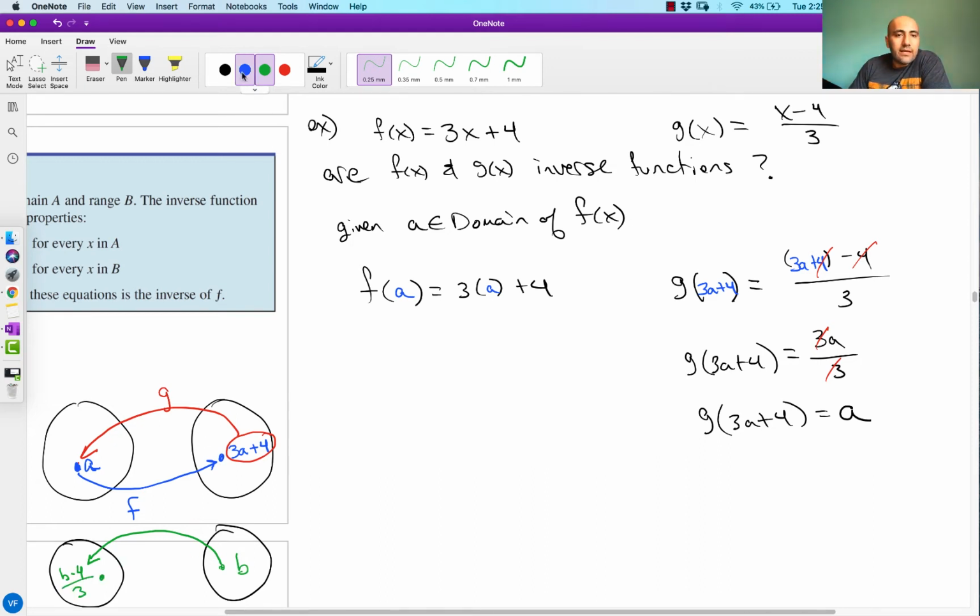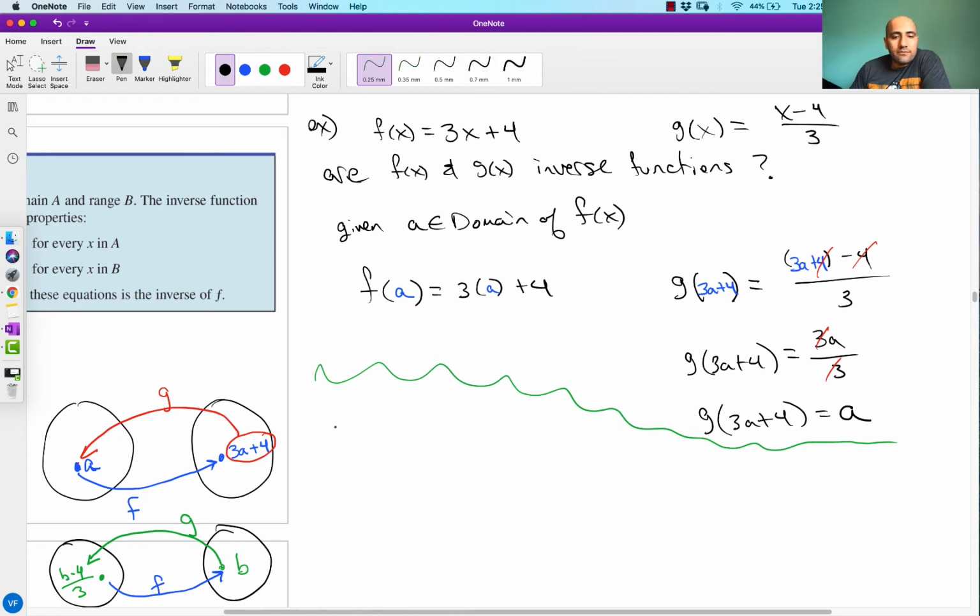And then I'm going to plug that into my f function, and hopefully it'll bring me back to b, right? So this is what I want to do.